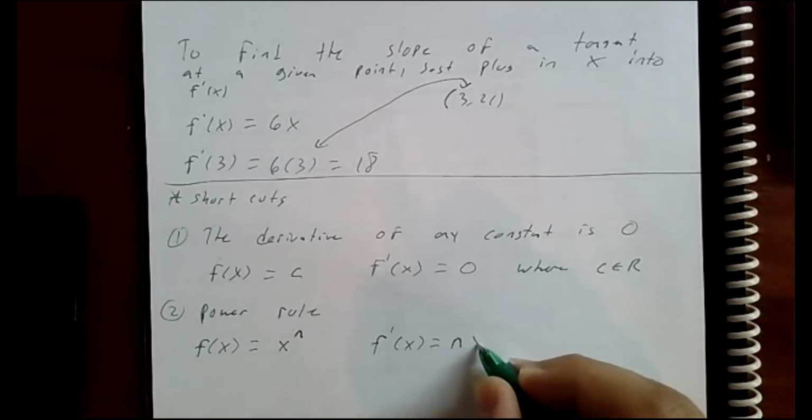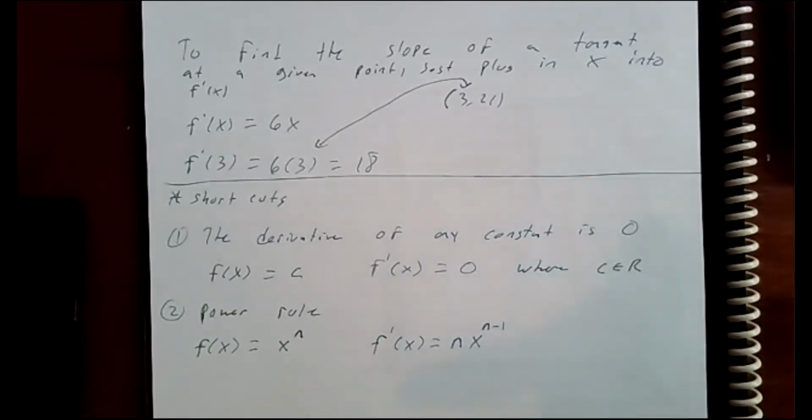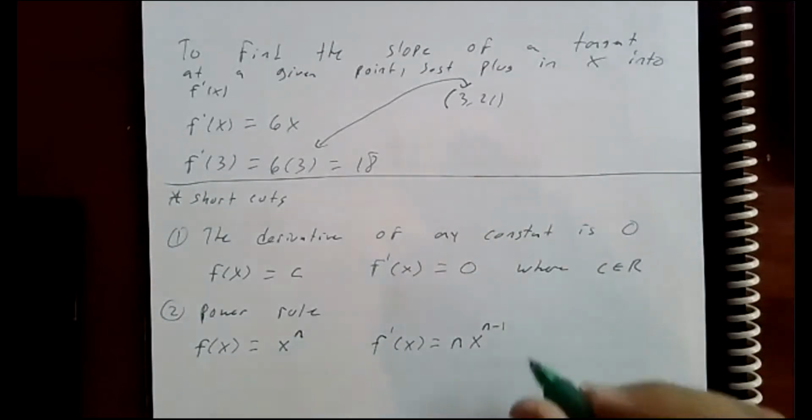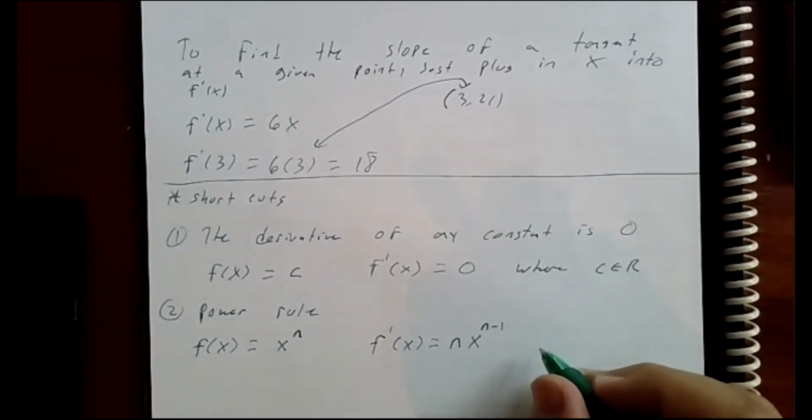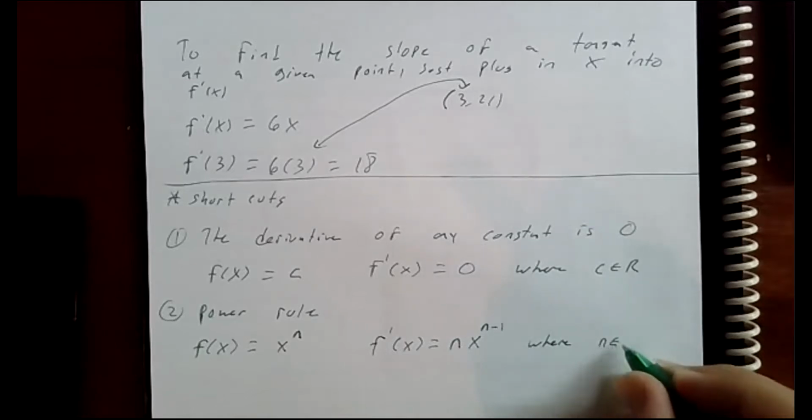You bring down the n and subtract 1 from the exponent, where n is an element of the real numbers.